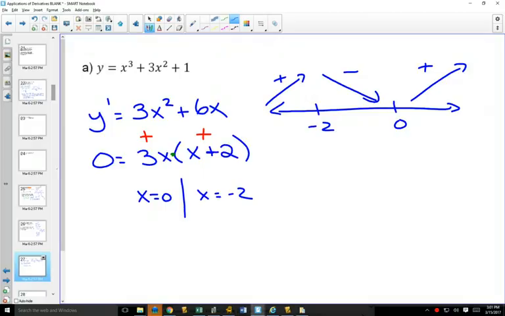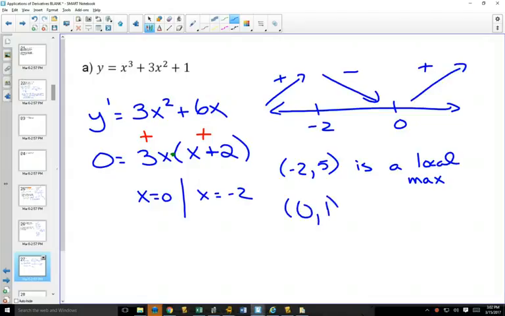So what do we know? We know that at -2, if I plug in -2, I'm going to get -8 plus 12 plus 1 is 5. So (-2, 5) is a local max. I can see that by my diagram.